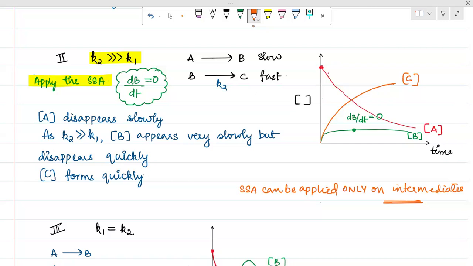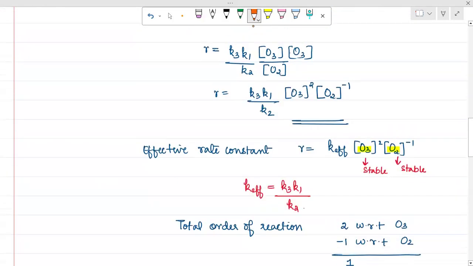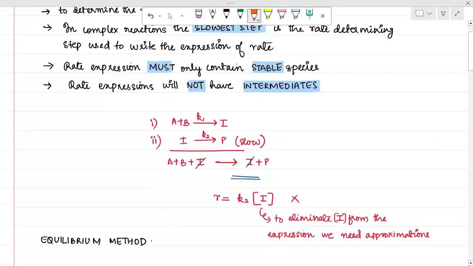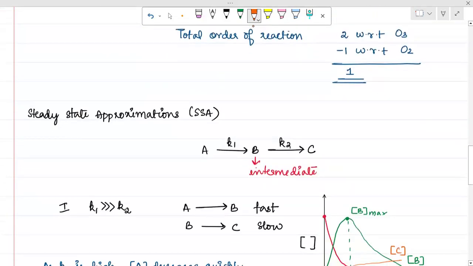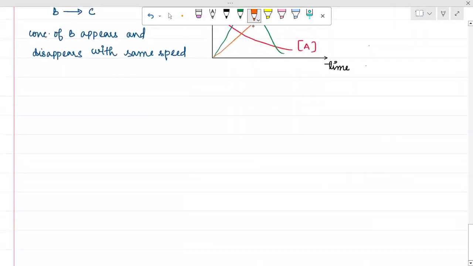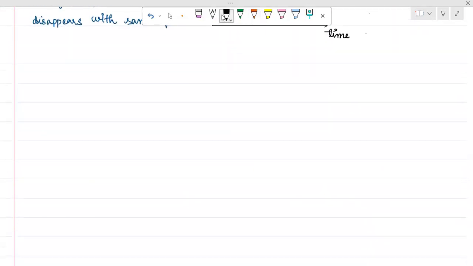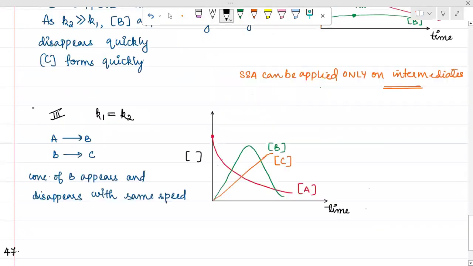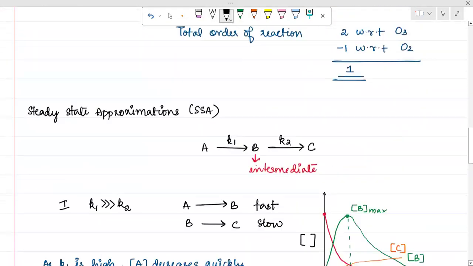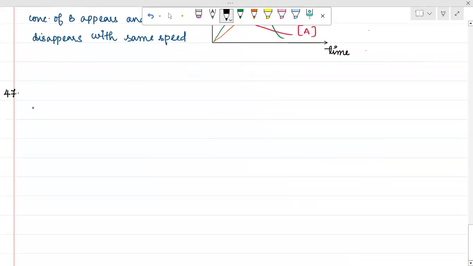So the same question, question number 46 we did. We'll take the same model reaction and let's try 47. What was the overall reaction?